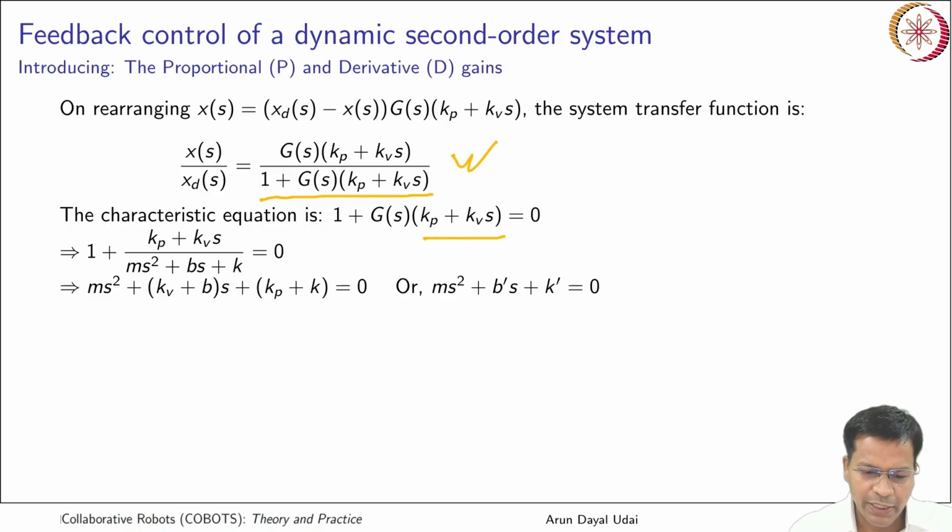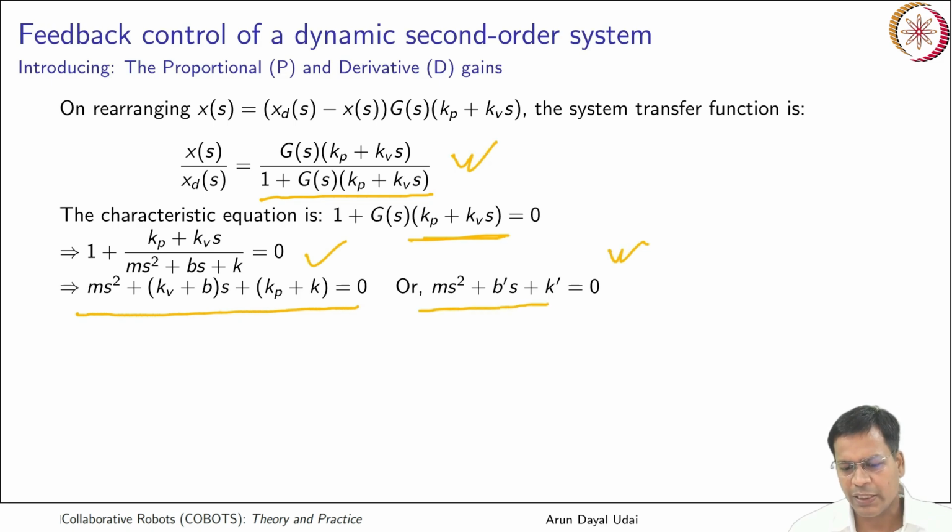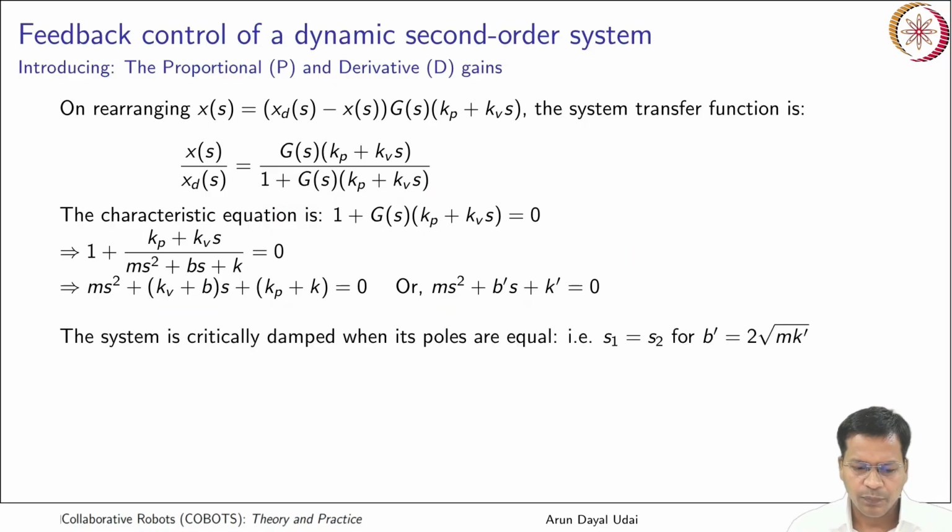I have just put it like this over here and I got this as my characteristic equation. I have obtained it earlier also. So it is ms square plus b dash s plus k dash, where b dash is Kv plus b and k dash is Kp plus k. It is exactly the same thing.